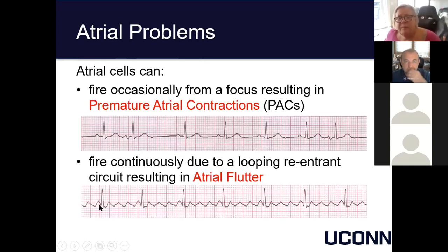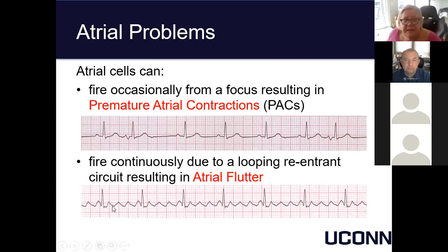When you get multiple abnormal firings, you can end up with atrial flutter. And here is that sawtooth pattern I mentioned with atrial flutter. And atrial flutter tends to be actually regular.